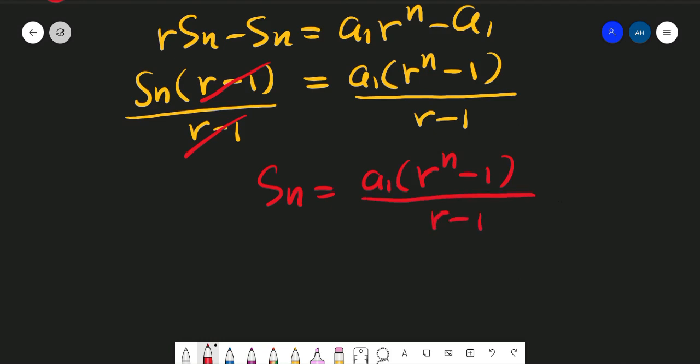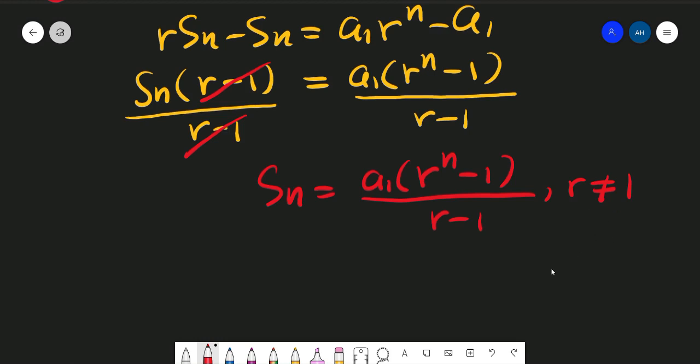But we have to make sure that the value of r must not equal 1. We need that condition, because if we allow r equal to 1, then at the denominator we have r minus 1, that is 1 minus 1 equal to 0. Dividing any number by 0 is undefined, so we won't allow r equal to 1. So r must not equal 1.